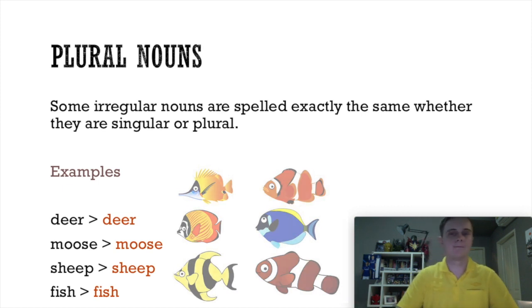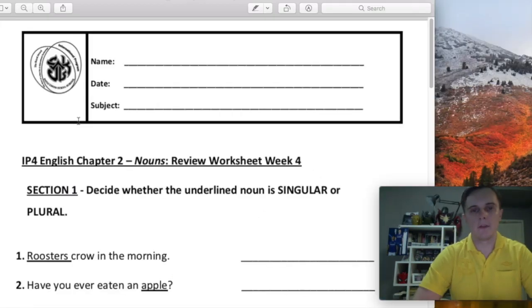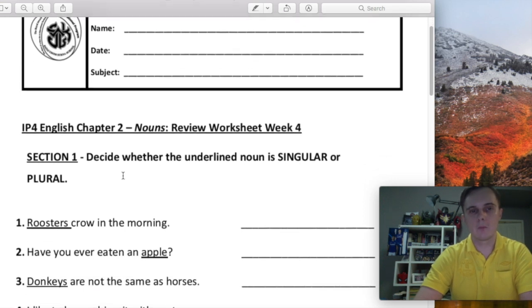Okay, IP4, that is the end of our lecture this week. So now, before we go, I'm going to explain your homework. So this is quite an easy worksheet, especially section 1. Section 1, decide whether the underlined noun is singular or plural.